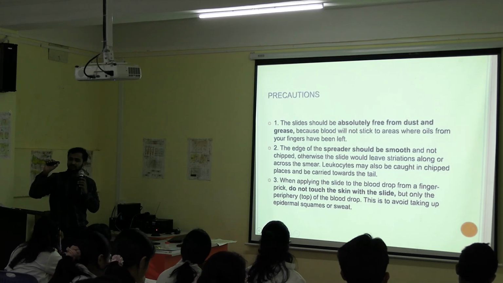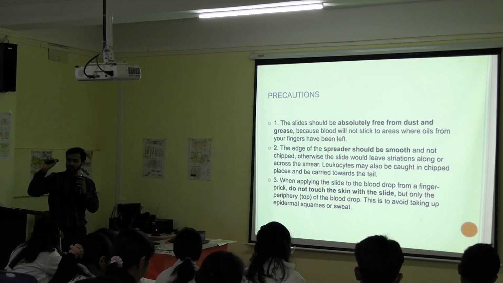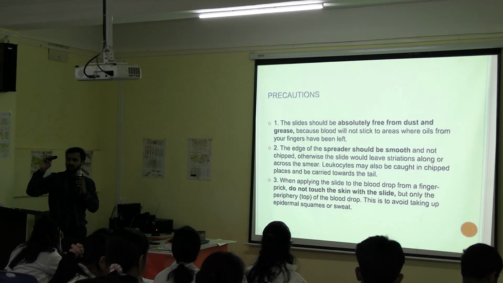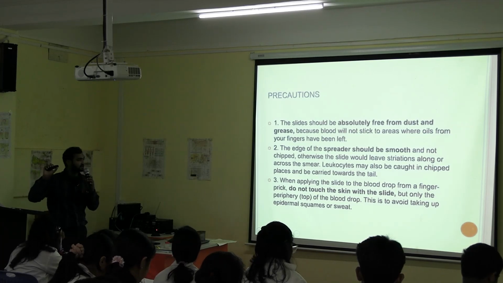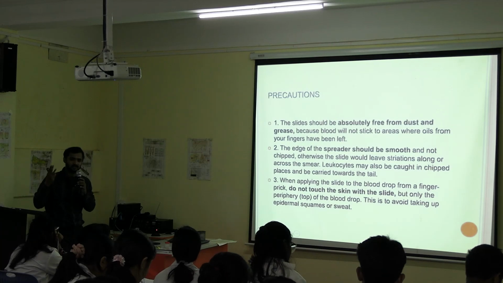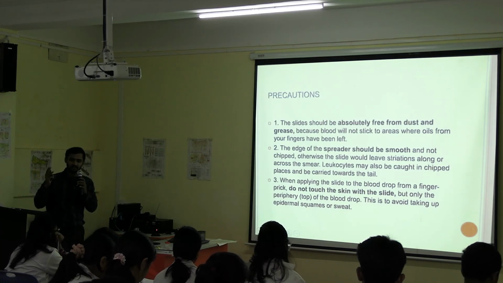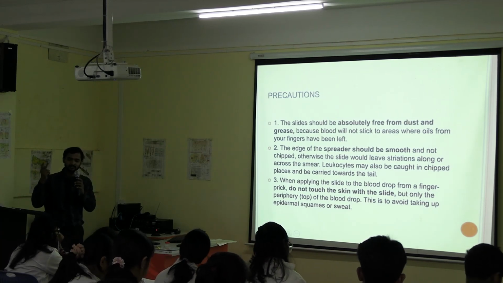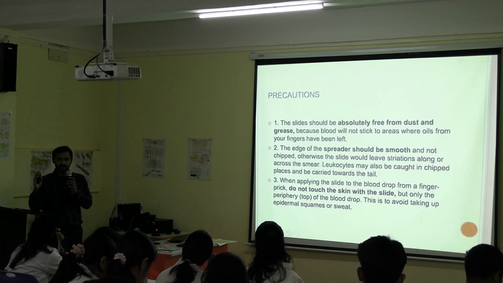Then you place the drop upwards; you cannot place it in the middle or in the lower part, because the shape will depend on that. There are 3 parts of the peripheral blood smear: the upper part is known as the head, the middle is the body, and the lower part is the tail.